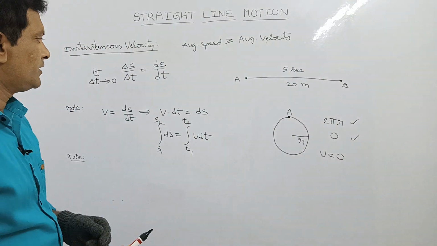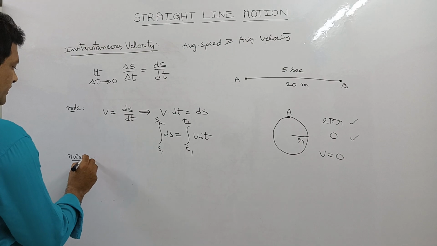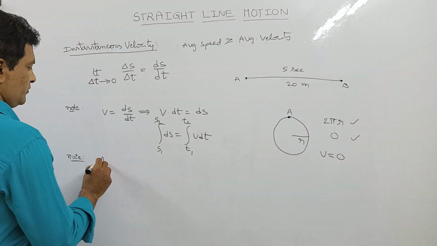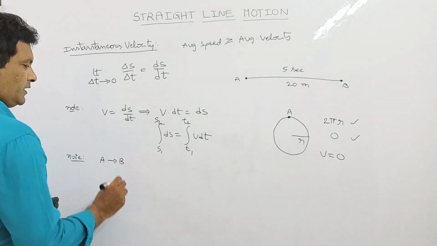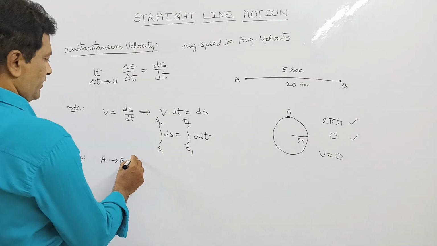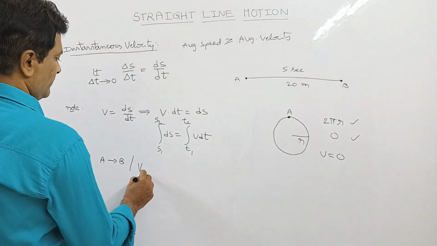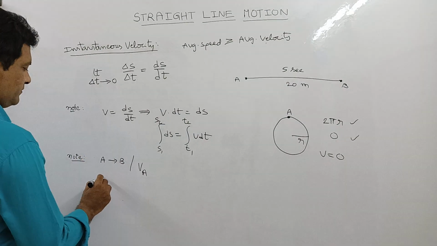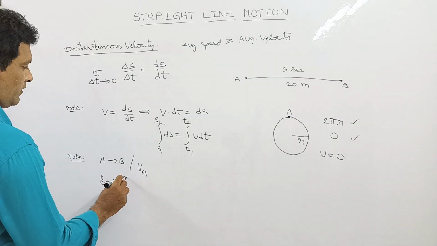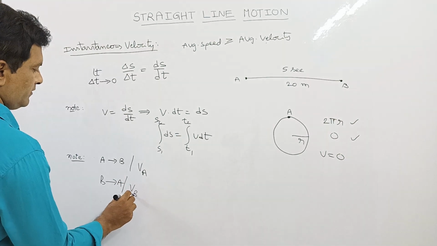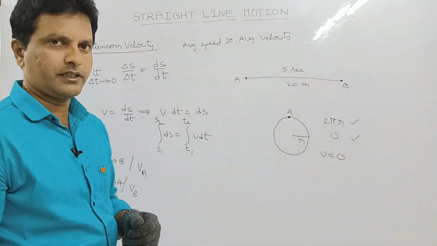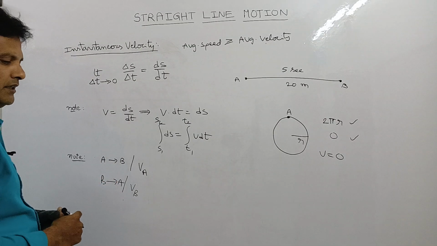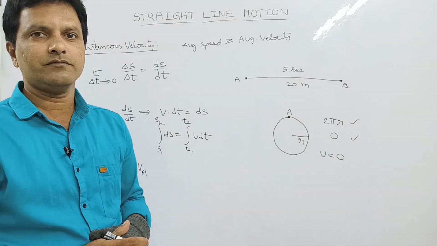And in the second note, we can see that if an object is moving from A to B with a velocity VA, and B to A with a velocity VB, then for A to B and back to A, the displacement is 0.